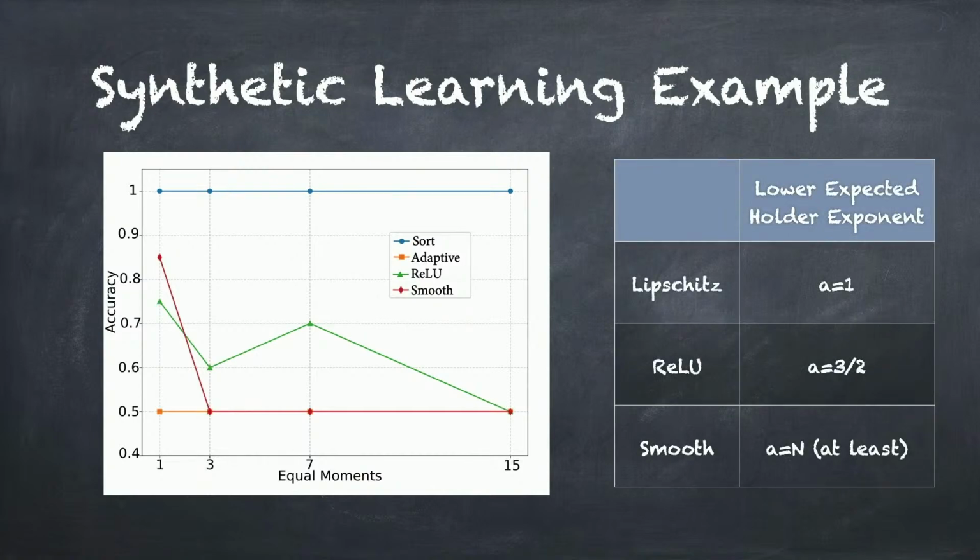And there you see it's a binary classification task, and you get something which is proportional to what we predict. So the sort is perfect. Forget about this adaptive thing. Let's make believe it doesn't exist. A ReLU, which is supposed to have better Hölder constants, performs better, and the smooth activations are worse. Okay, so that's very nice, I wish everything was like that.